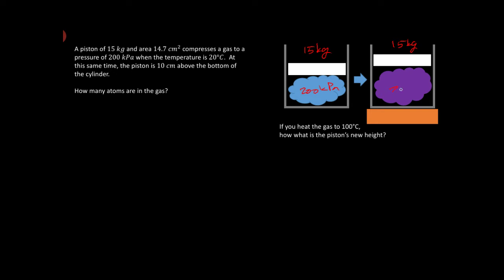This is 200 kilopascals. Now this is the same piston as last time, so it's 14.7 square centimeters and 15 kilograms. We're going to start at the point where we were last time, where this was 10 centimeters, and see if we increase the temperature from 20 degrees C to 100 degrees C down here, whether or not that's going to get us any farther up than we started with.